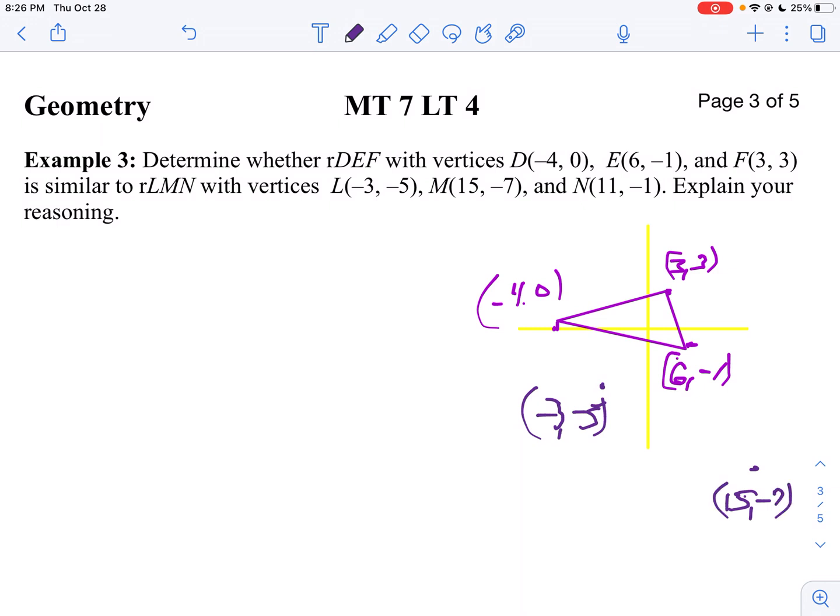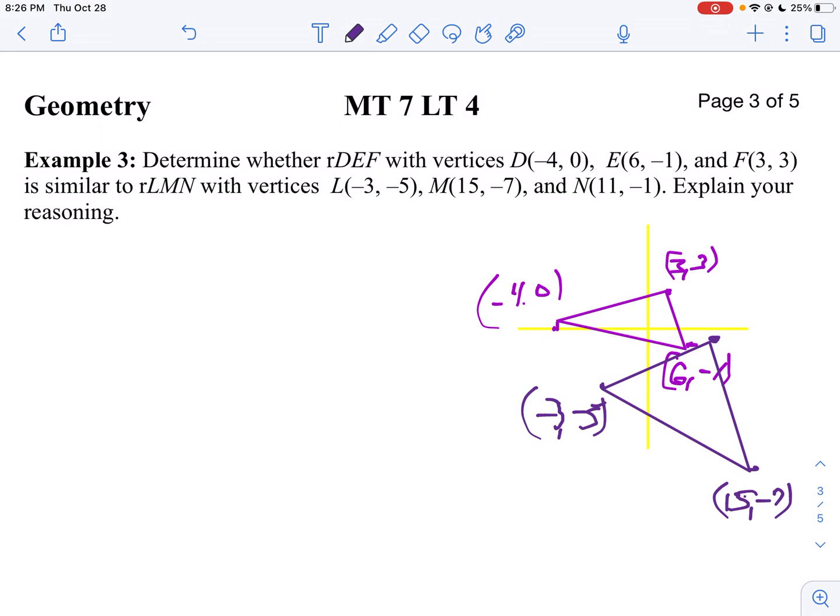And then we'll look at 11 and negative 1. So now what we're going to do is compare the side lengths, which means we're going to have to do a bunch of distance problems.